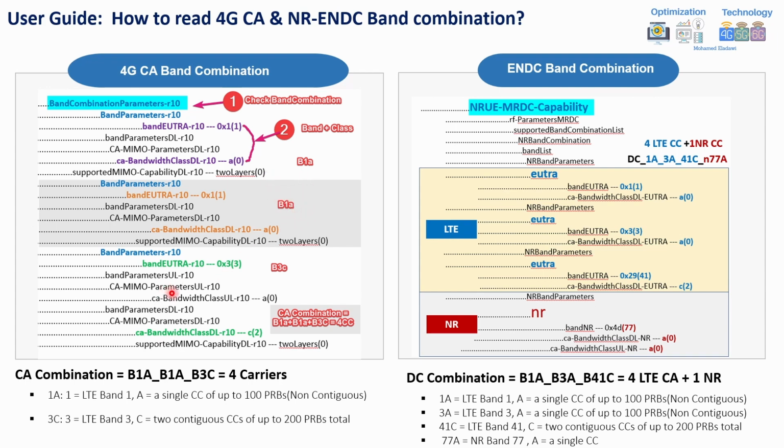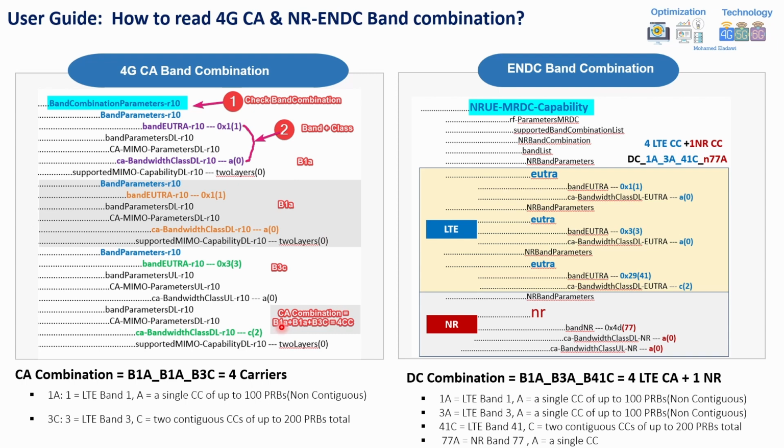Then number 3, the 3CC, is band 3, which is showing class C here. If you check the downlink, class C means 2 contiguous carriers, maximum 40 megahertz. This means the band combination will be all of this: band 1A plus band 1A plus band 3C.